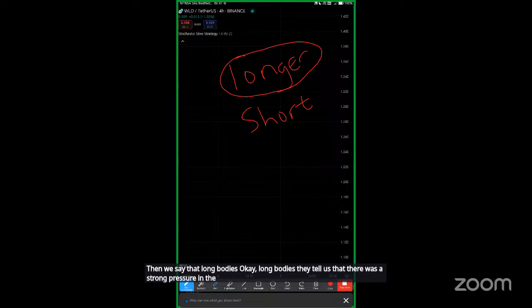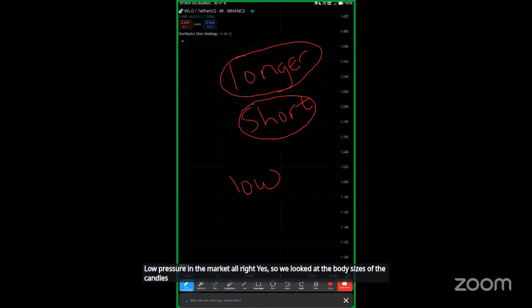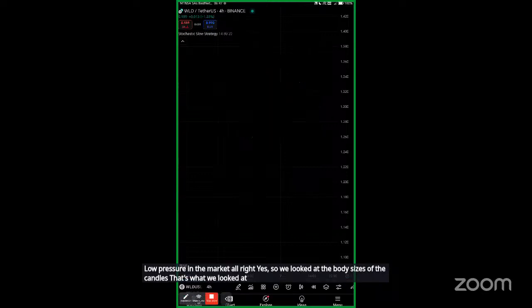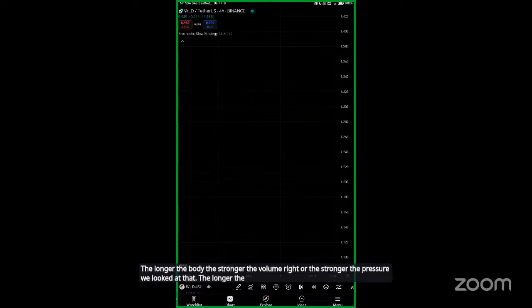Short bodies tell us about low pressure in the market. So the longer the body, the stronger the volume, or the stronger the pressure. That's what we looked at yesterday.